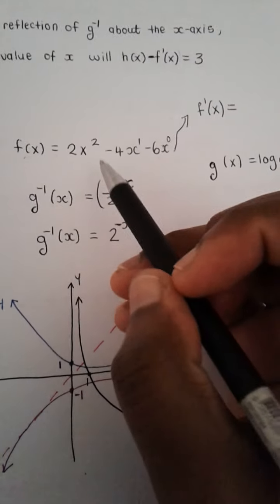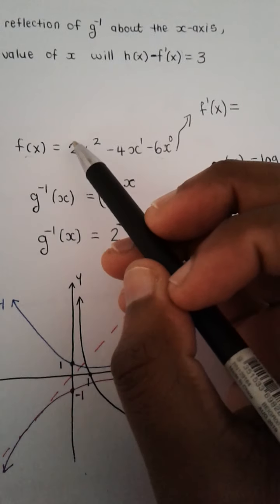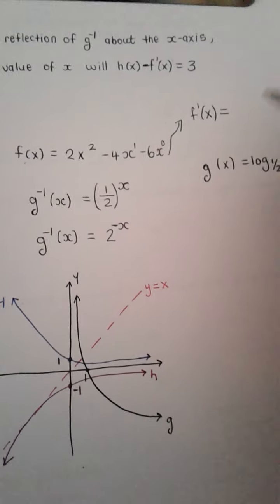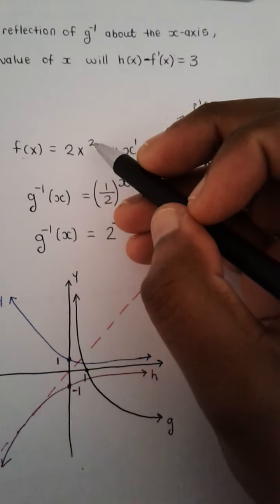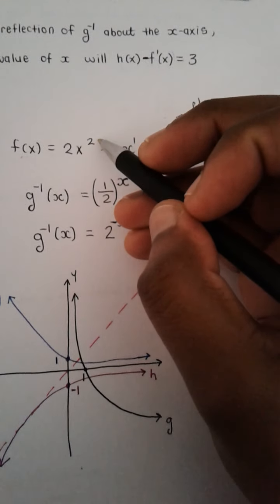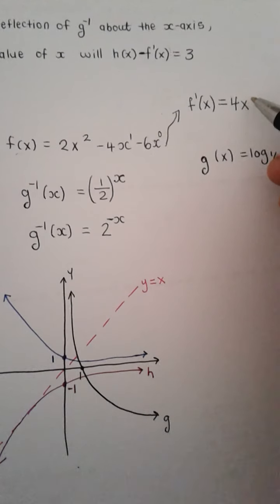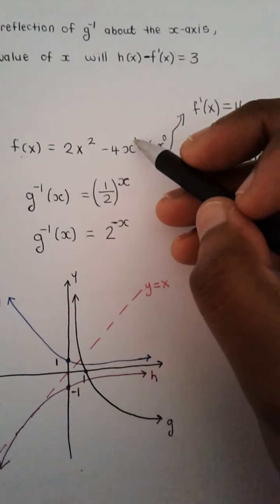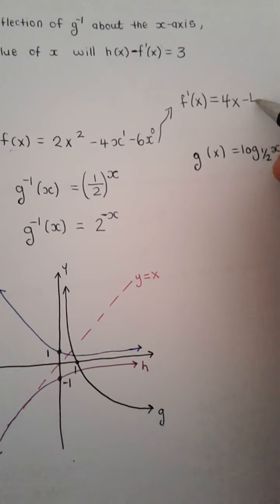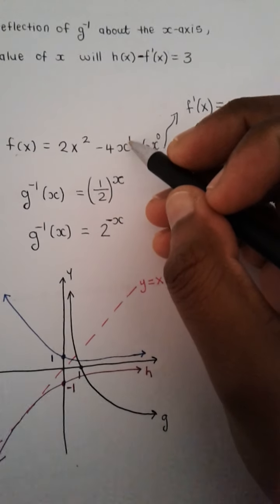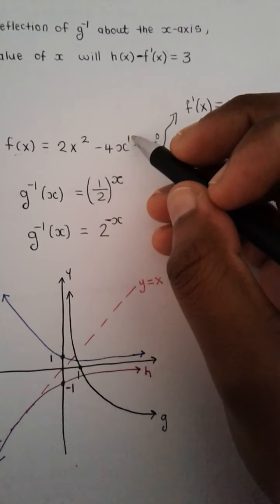Then you're going to have 2 times 2, which is 4, times x to your new exponent, which is 2 minus 1, an exponent of 1. For the next term, you're going to have 1 times minus 4, which is minus 4, and then you decrease this exponent by 1, so 1 minus 1 is 0.